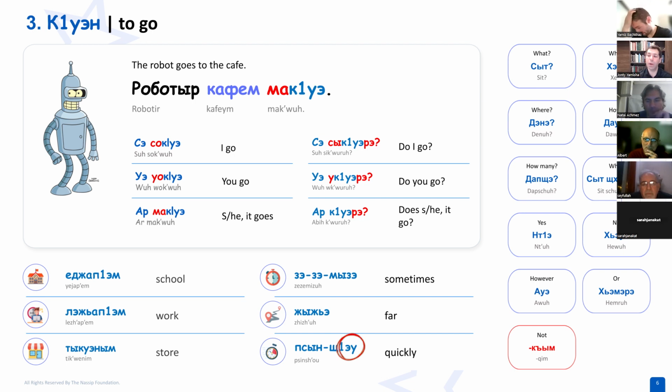When you put two vowels together, it makes a slightly different sound. This letter all by itself would be psinsa. If we just had this, it would be psinsu. But when we put them together, it's psinso. It's a diphthong from these two letters put together.